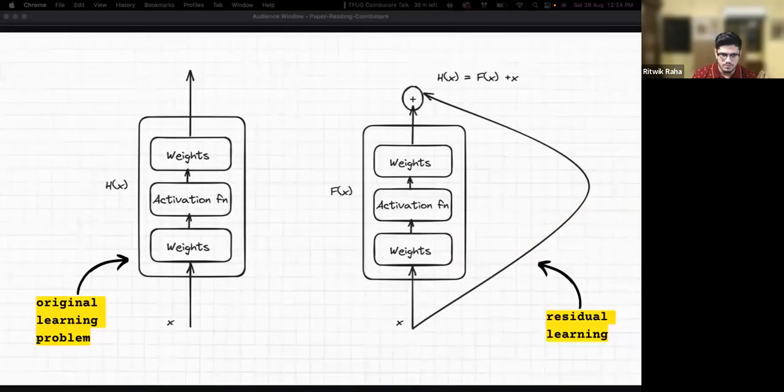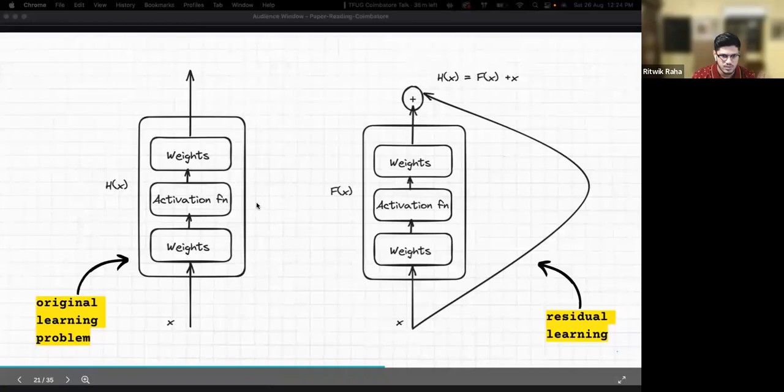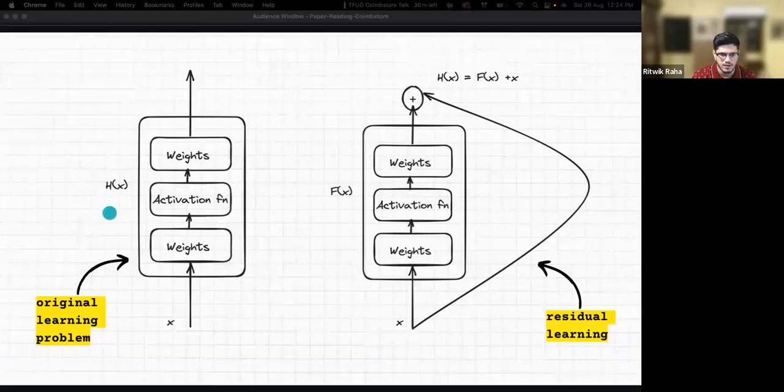The original learning problem is to train a neural network to approximate a function h(x). Let's say this is x, and it is going through weights, then an activation function, then weights again, and it is passed on.